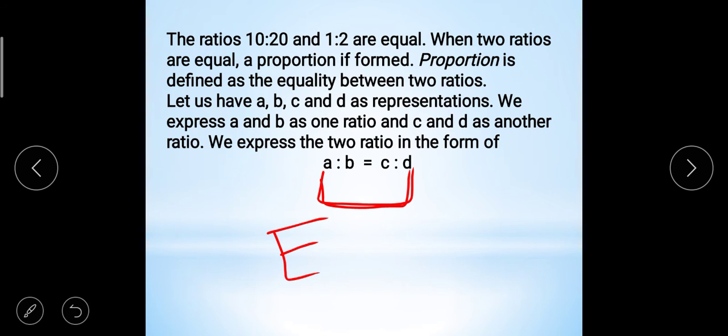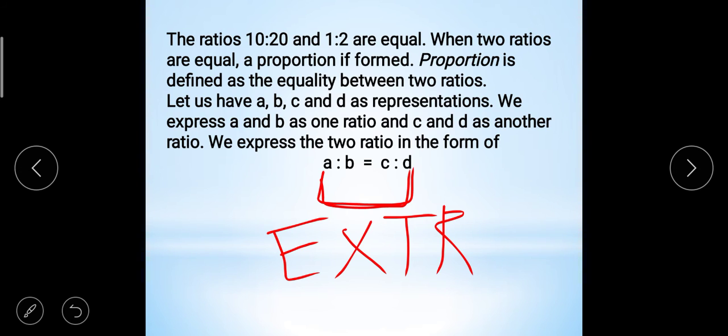Yung nasa labas, anong tawag natin? Magsisimula sa letter E. O, ang kasunod na letter X. Kasunod na letter is T. O, R. O, ano?